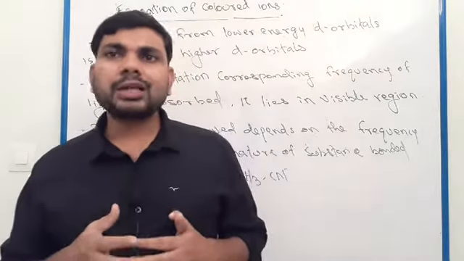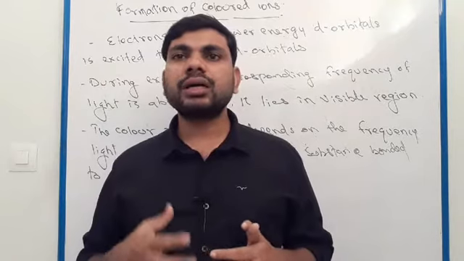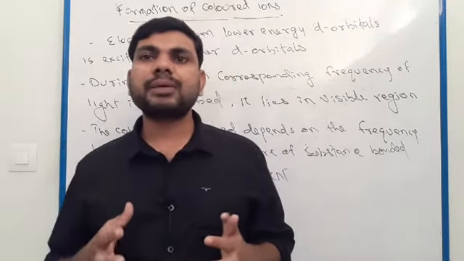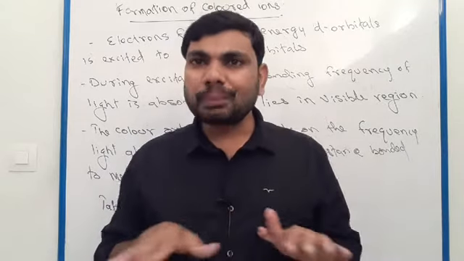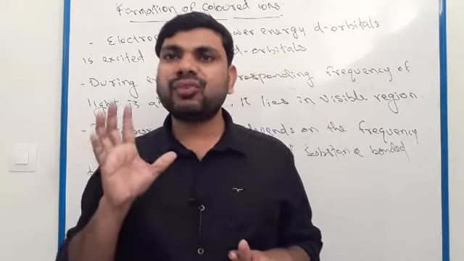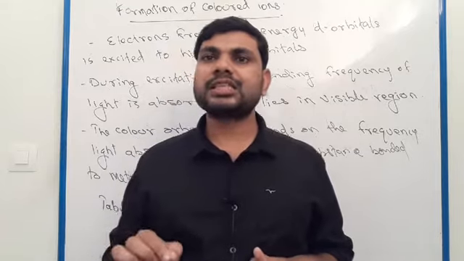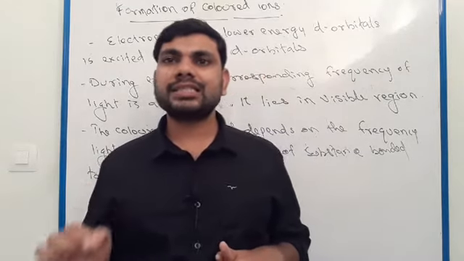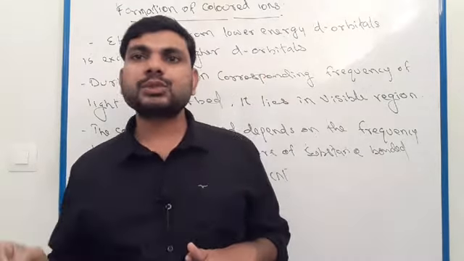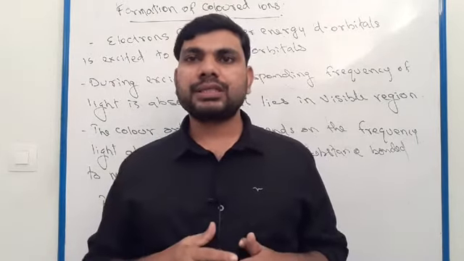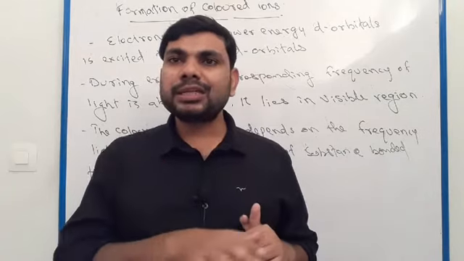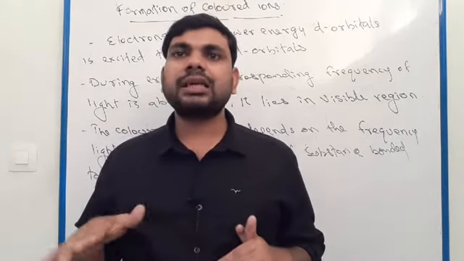So here we are talking about the formation of colored ions. D block elements form different types of colored compounds. Okay, in the normal case, we know the 5 d orbitals: dxy, dyz, dxz, dx square minus y square, dz square. All 5 d orbitals are in the same energy level.